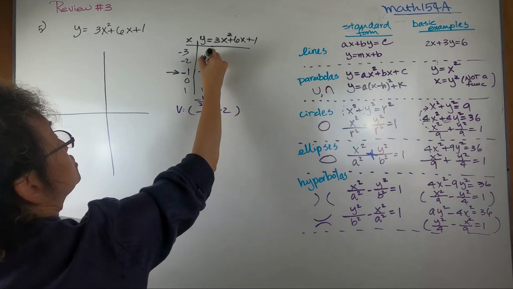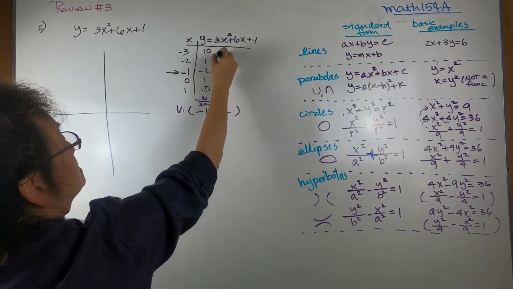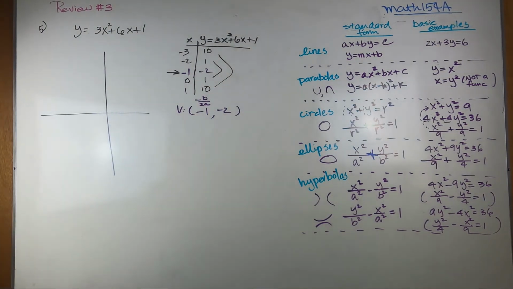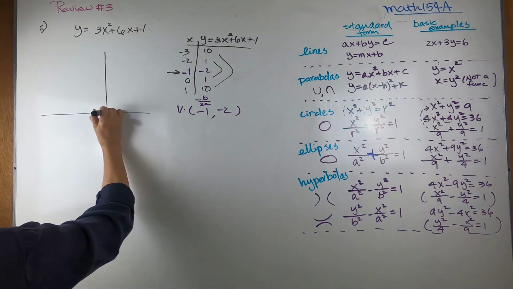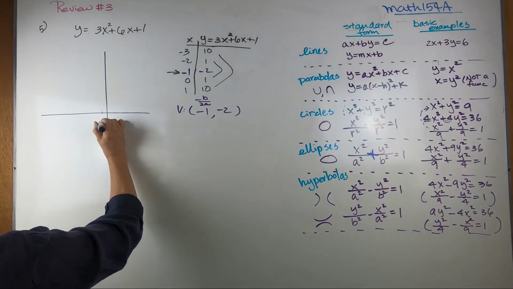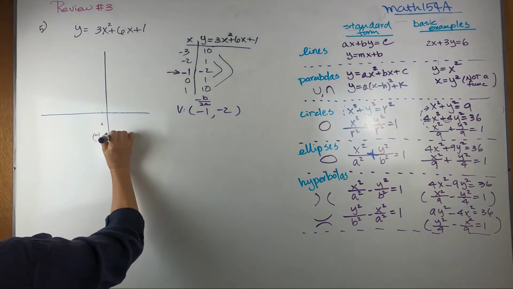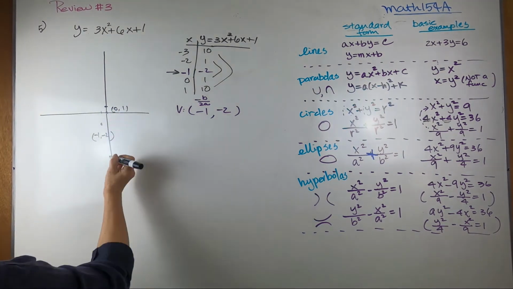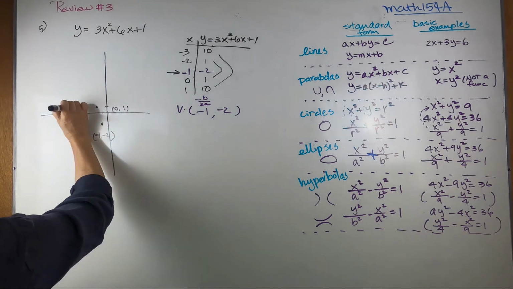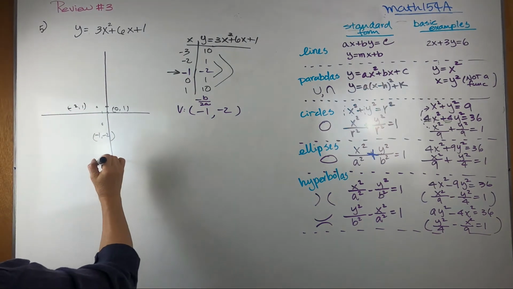So it should be symmetric as well, right? Should be symmetrical. So if you graph it, what do you have? Negative 1, negative 2. 0 and 1, right? Negative 2 and 1, right?